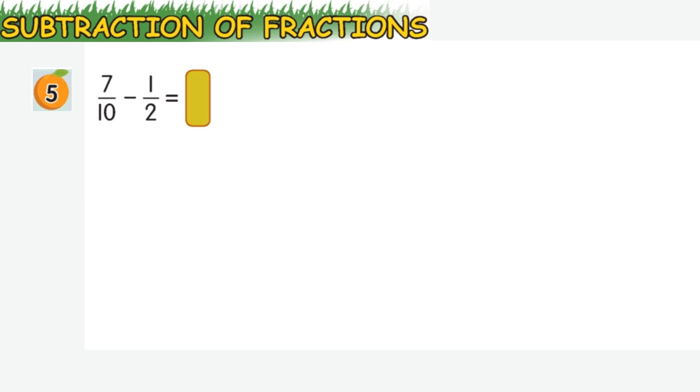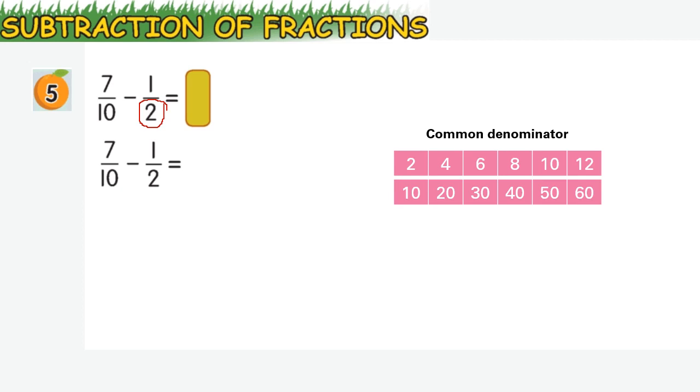Okay, we continue to our fifth example. 7 over 10 minus 1 over 2. Again, look at the denominators. They are different. It is 10 and 2. So to find the common denominator, make sure you use table 2 and table 10. In table 2, we can see that there is 10 there.